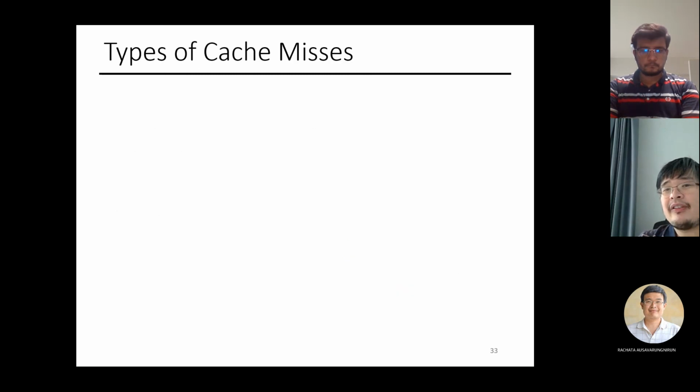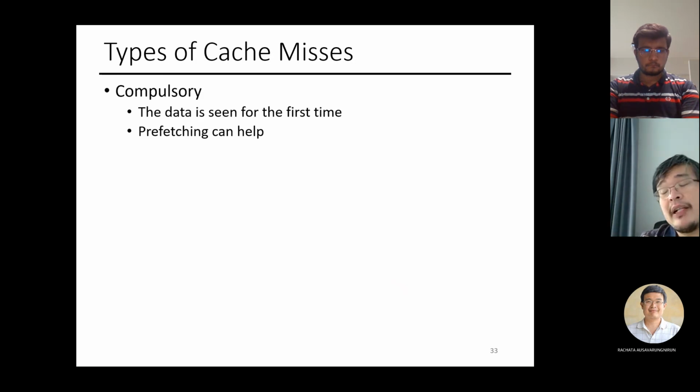And again, because of these design decisions, there are multiple types of cache misses and different things you can do to improve them. The first type is, well, I've never seen this address before, so there's no way this is in the cache. This is called a compulsory miss. It's a miss that must happen. You've seen this for the first time, there's no way it's in the cache, except we do something called prefetching.